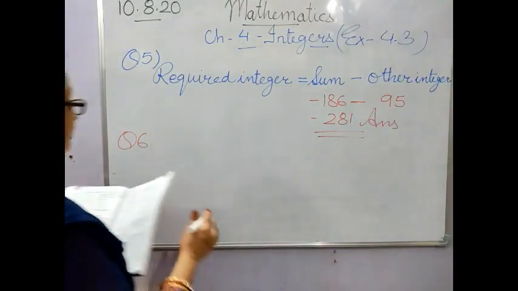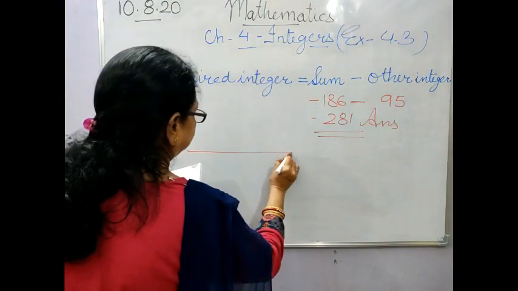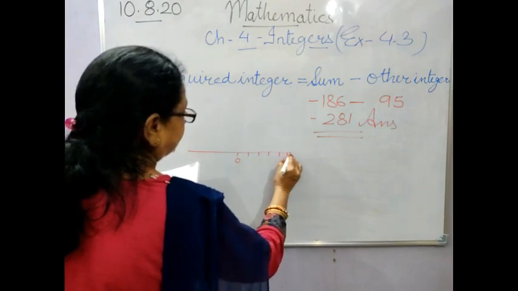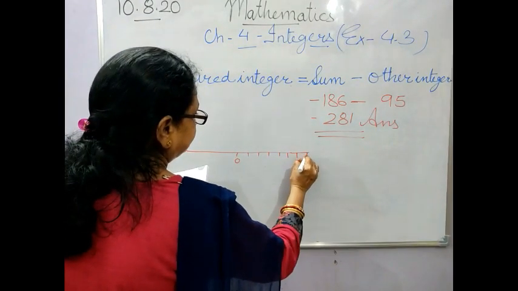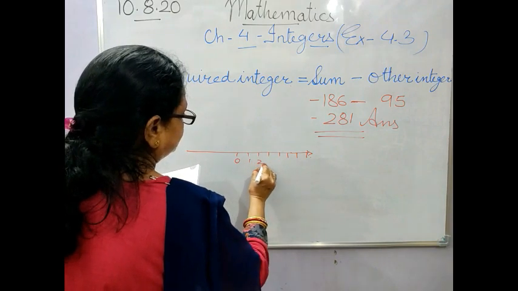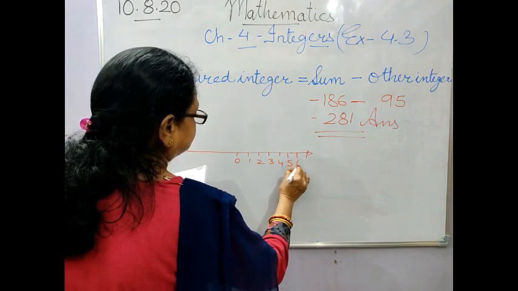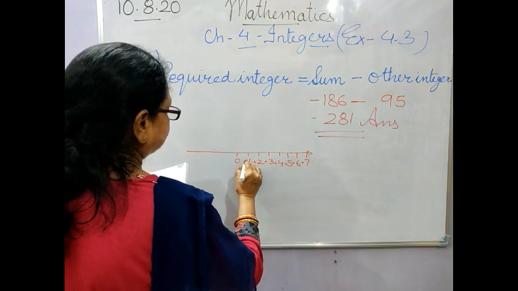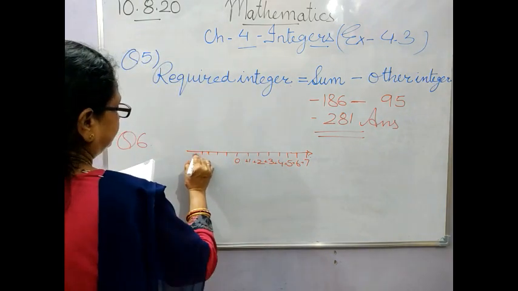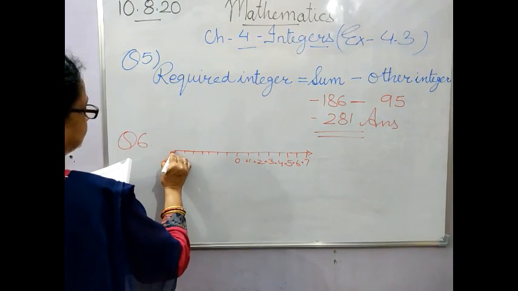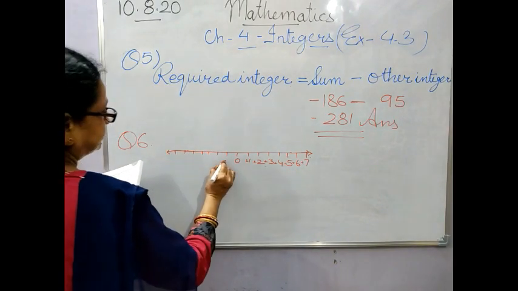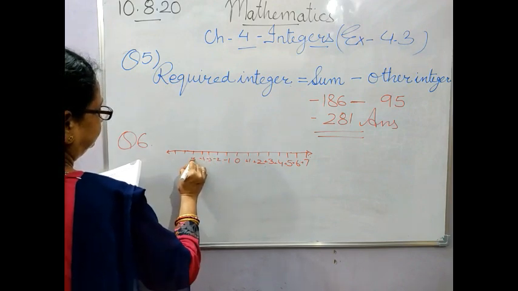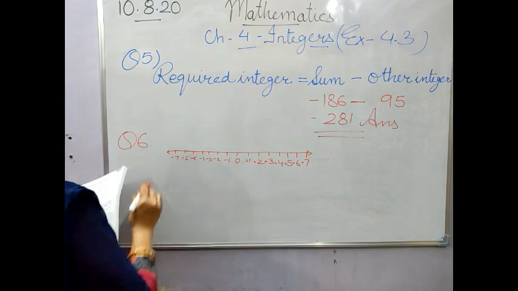So if I show you on the number line, this is 0, 1, 2, 3, 4, 5, 6, 7. These are all positive. You know that these are the positive integers. These are the negative. Okay.